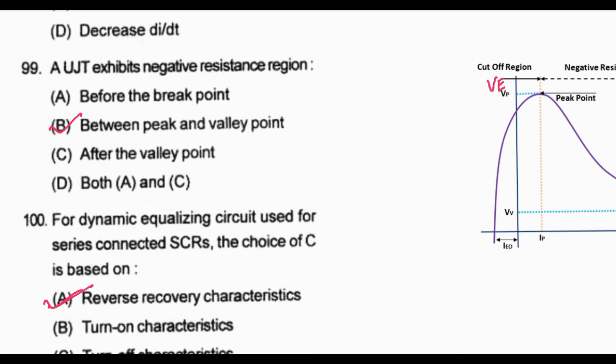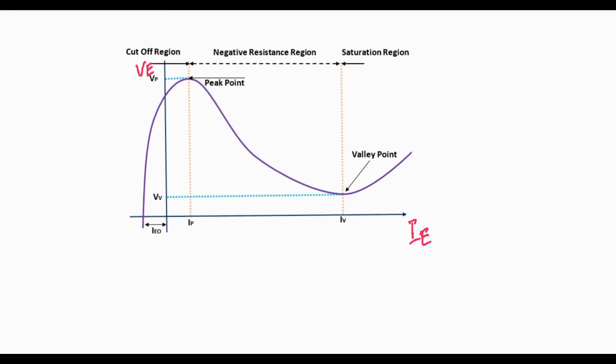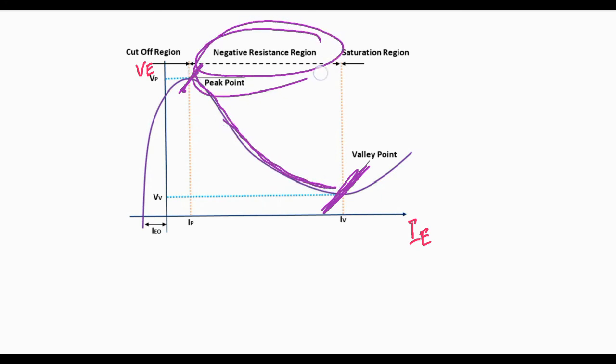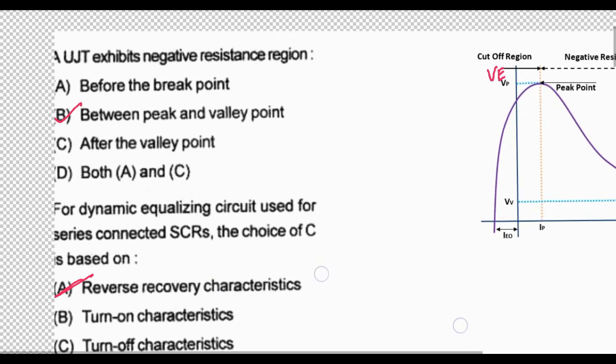Option A, before the break point, option B, between peak and valley point, option C, after the valley point, option D, both A and C. So here this is the current voltage characteristic, and in between peak and valley point, this is showing negative resistance region because its slope has negative value. So in between peak and valley point.